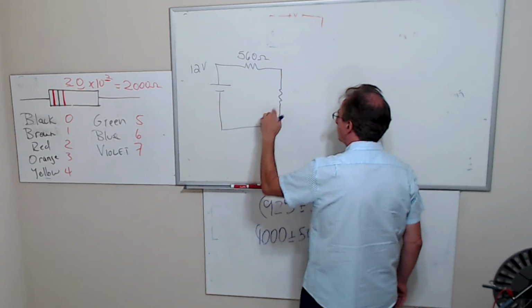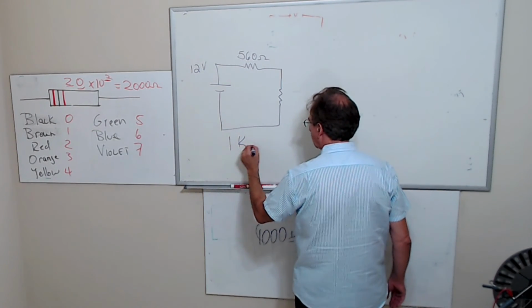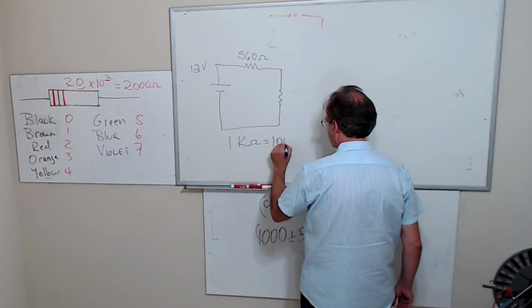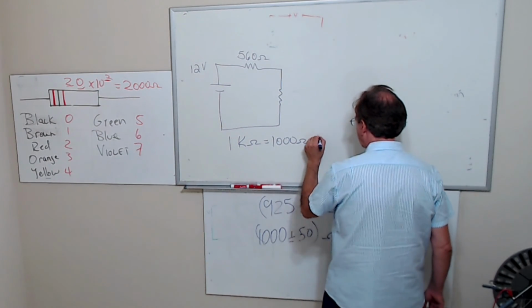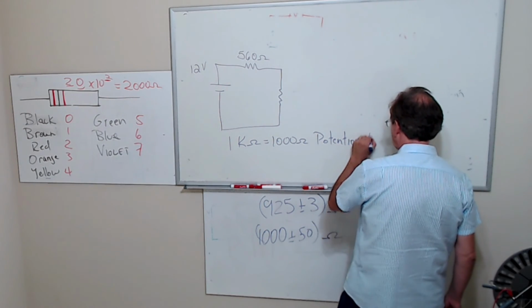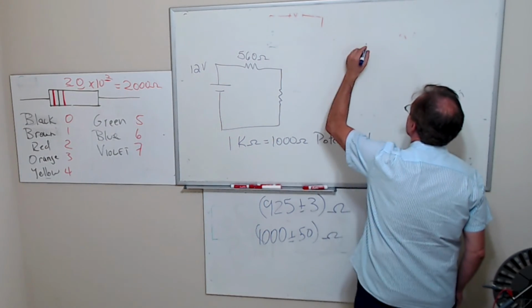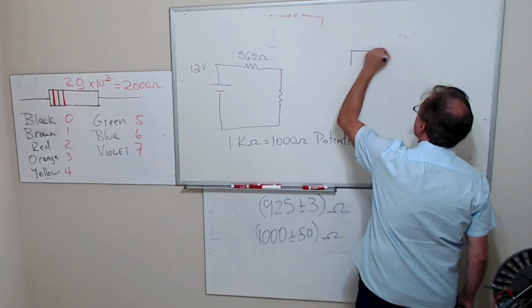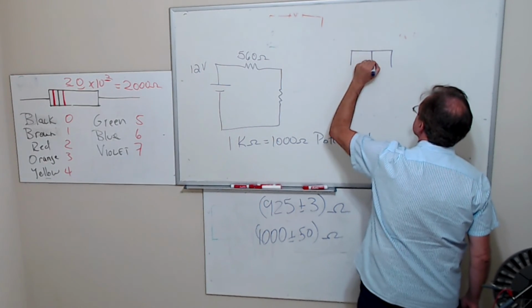And this is going to be a 1 kilo ohm, 1000 ohm potentiometer. So basically, it has three connections on it, 3 terminals.